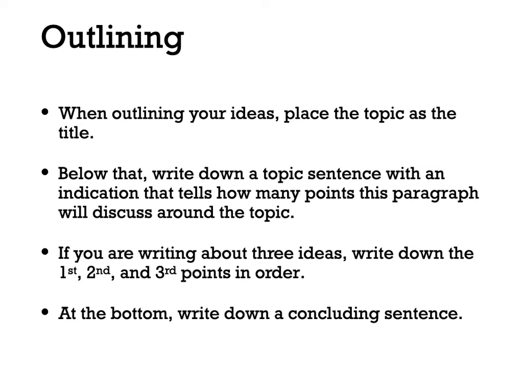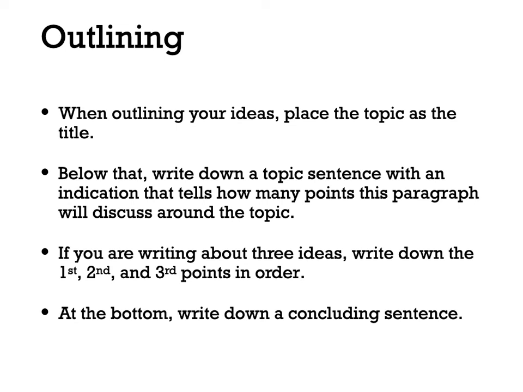When outlining your ideas, place the topic as the title. Below that, write down a topic sentence with an indication that tells how many points this paragraph will discuss around the topic. So for instance, on page 56, it says, good flight attendants have 3 important characteristics. So as the reader, we are able to tell that this writer will tell us 3 important characteristics.